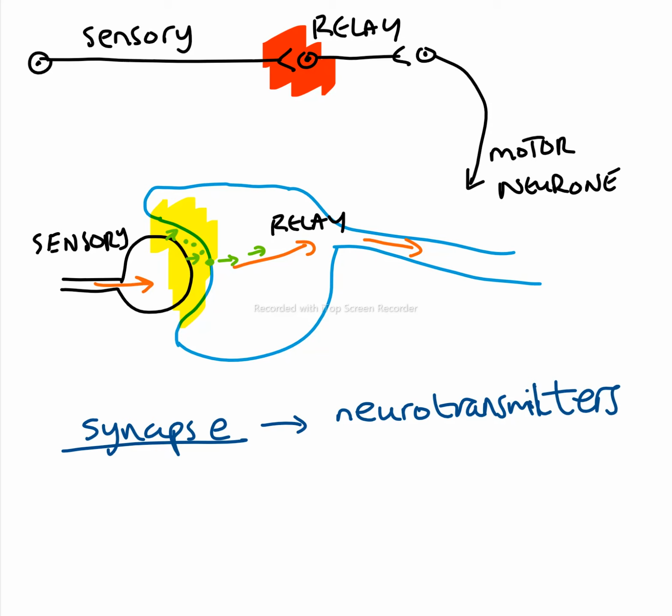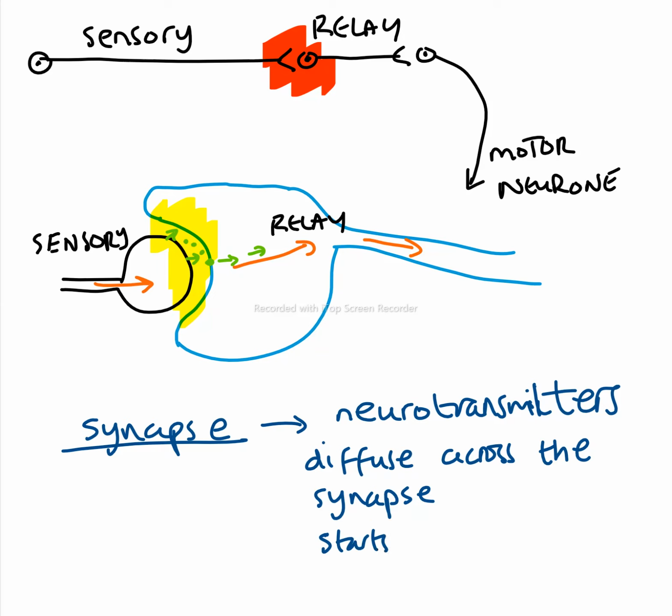They diffuse across the synapse, and then when it gets to the second neuron, it starts another impulse. Done. It's as simple as that.